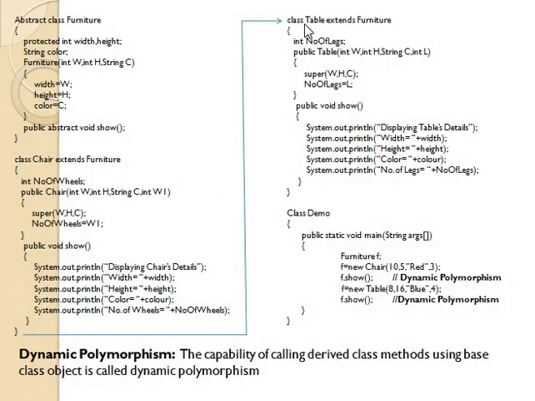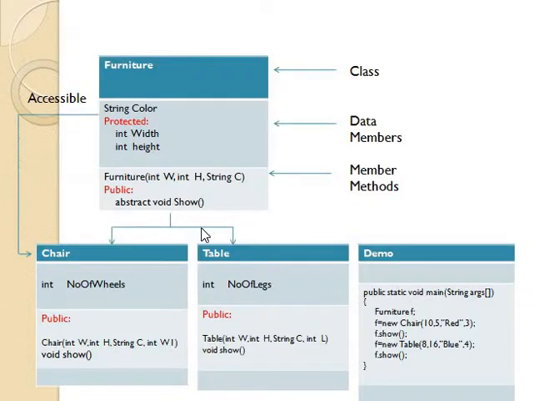Again, there is another derived class table which extends or inherits the properties of the abstract base class furnisher, and this is again represented here.